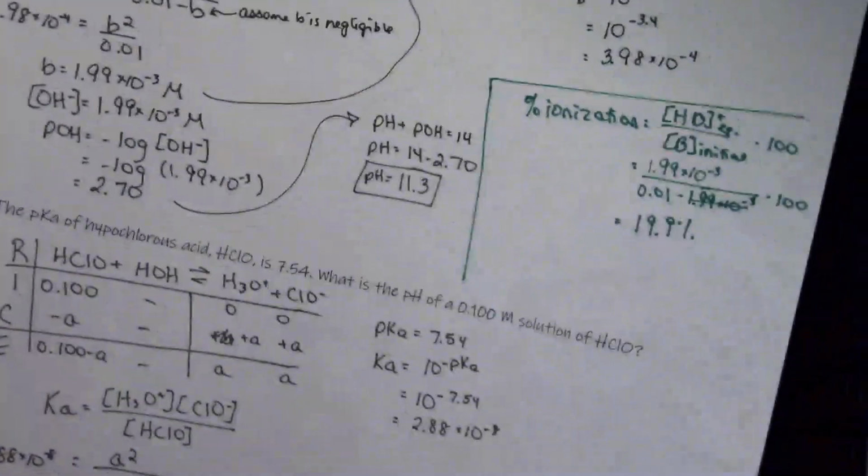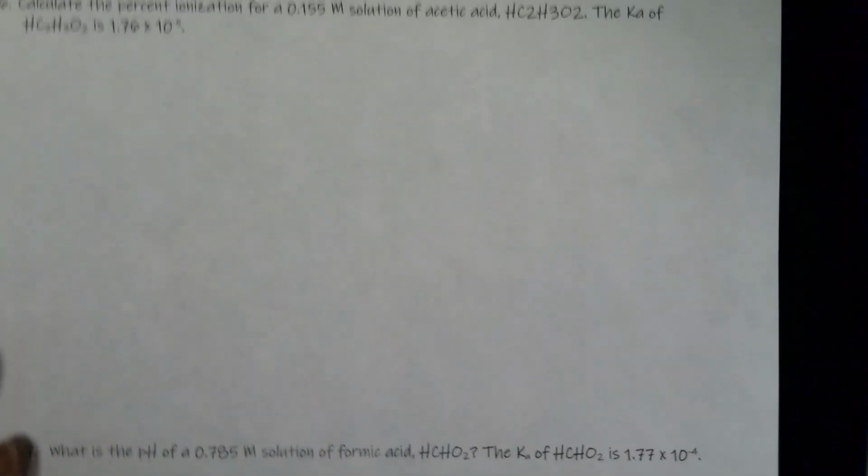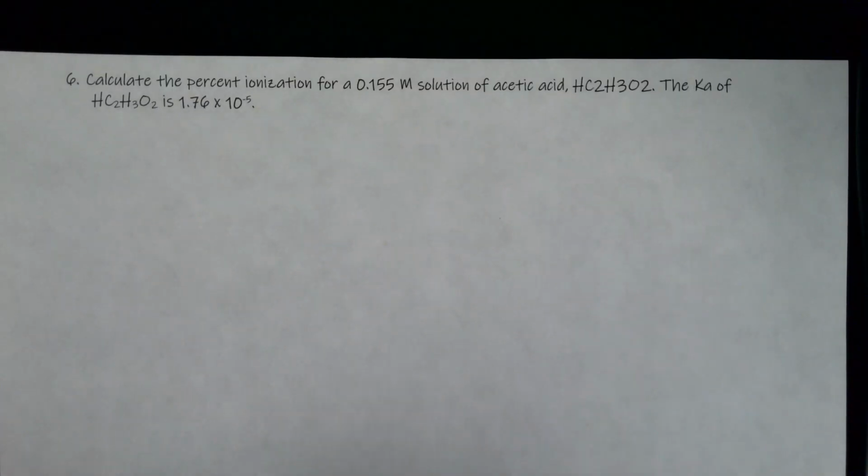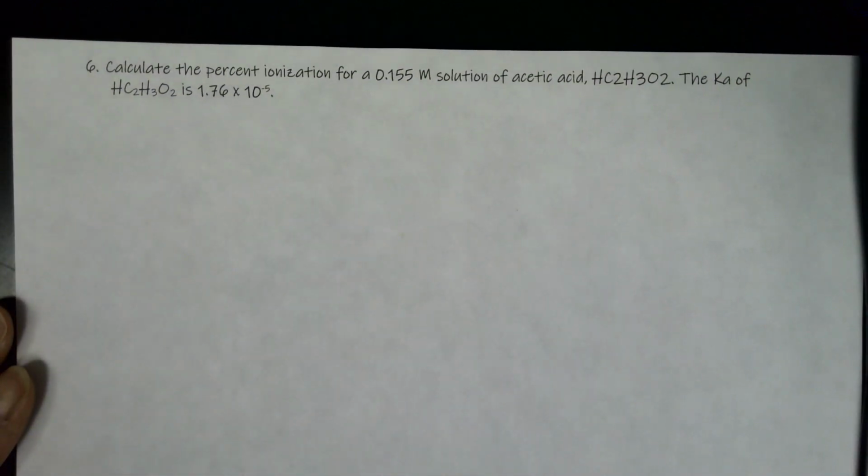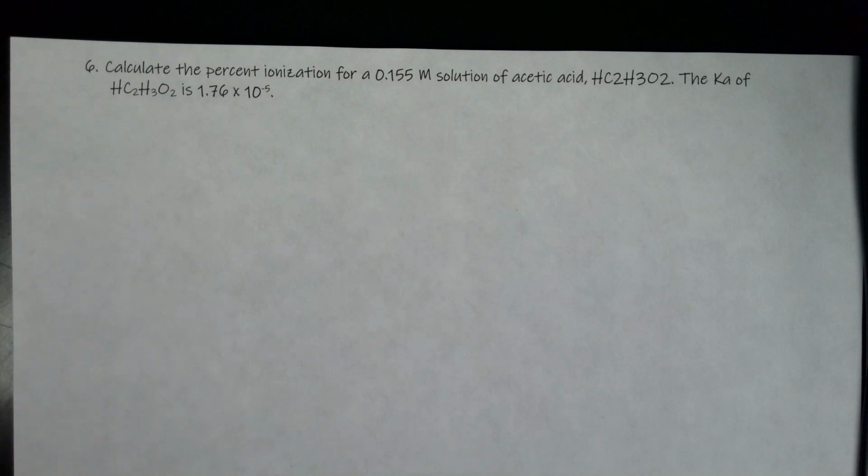So the next question, number 5, didn't ask about ionization, but you'd follow that same path as well. Number 6 just asks about the ionization. This, again, is fairly straightforward to solve.